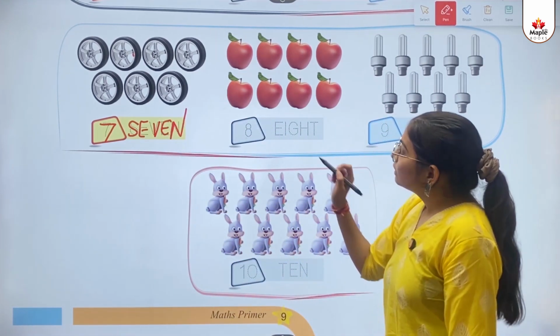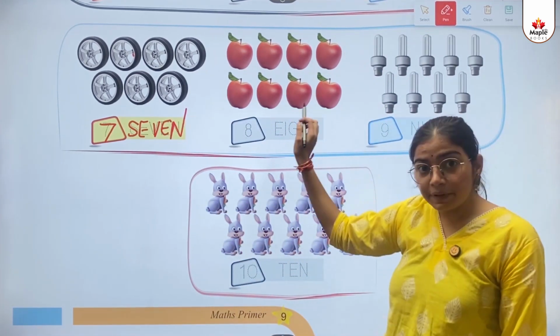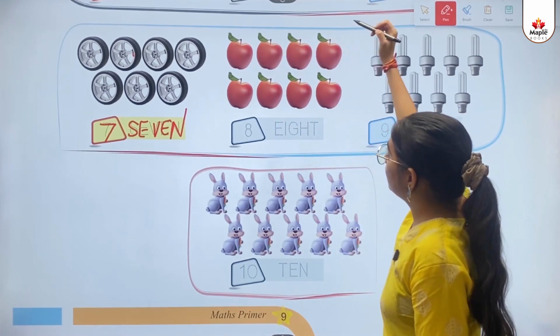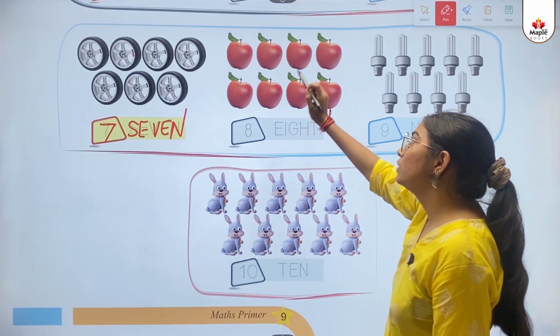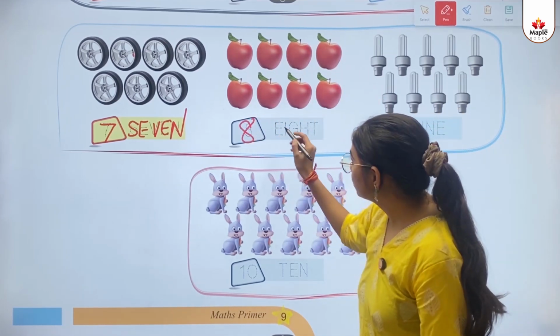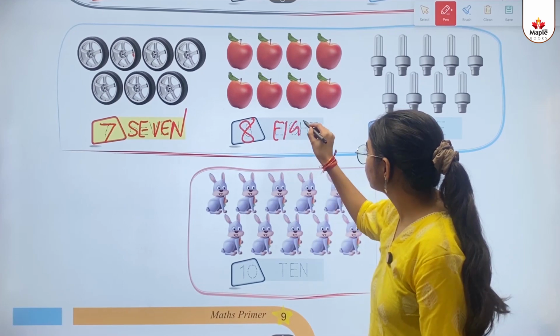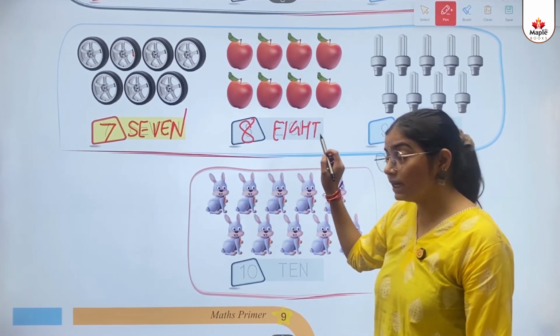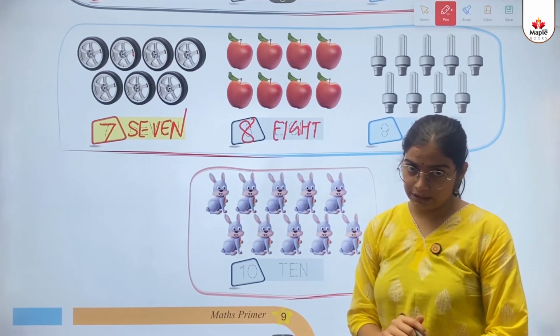7. Then 8 apples are given here. 1, 2, 3, 4, 5, 6, 7, 8. 8. E I G H T. 8.